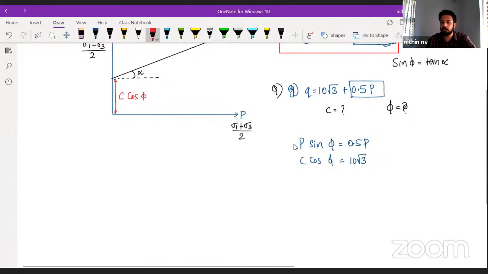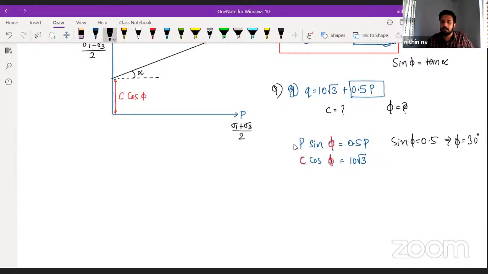In the second equation, two unknowns we have, C and phi. But in the first equation, we have only one unknown, phi. P and P will get cancelled. We will be getting sin phi is equal to 0.5. As simple as that. Whatever equation they are giving, we can calculate. Can you tell me how much is phi then? That's it, 30 degrees, since sin 30 is equal to 0.5.